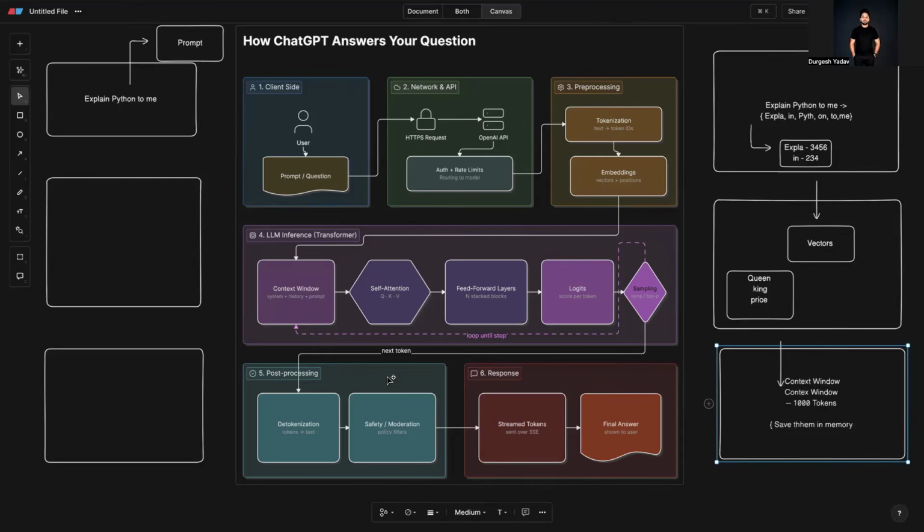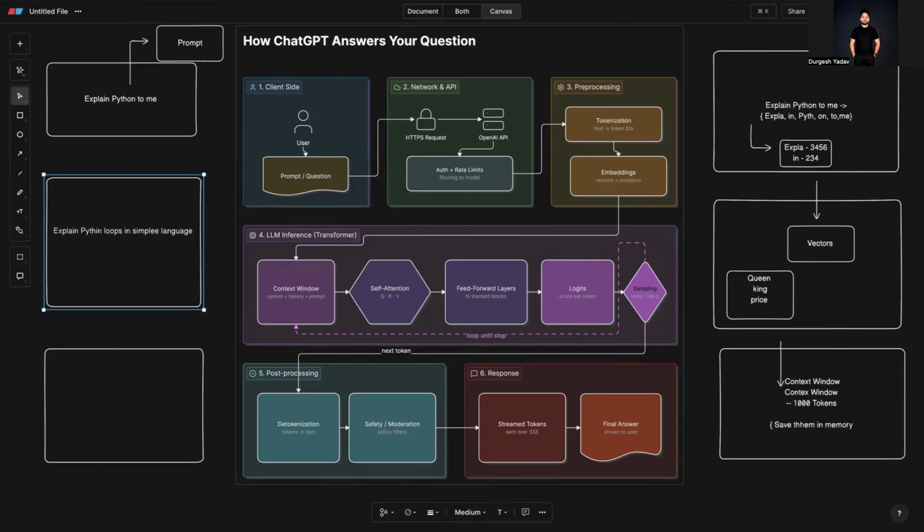It is understanding it in the form of numbers only, but it will understand what all you have written. Now let's take an example. You have written something like: explain Python loops in simple language. Let's say this much was your prompt.